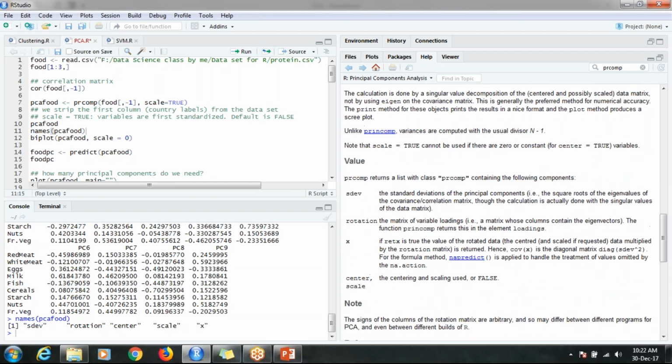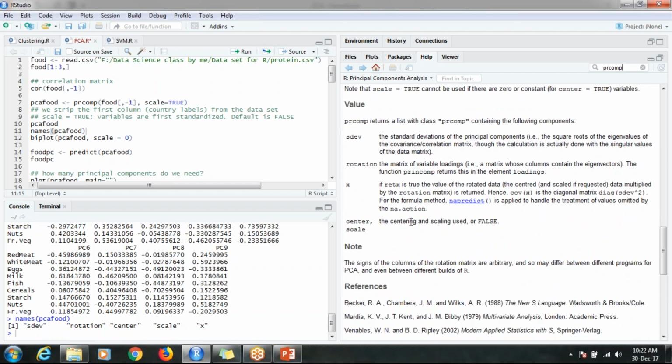So here I have a detailed explanation of all of them. Standard deviation is the deviation of the principal components, that is, the square root of the eigenvalues of the covariance or correlation matrix, though the calculation is actually done using singular values. So mainly the standard deviation shows how much it varies. Rotation is an important thing to understand, because that will mainly be my loading components or the eigenvalues that I have shown you.